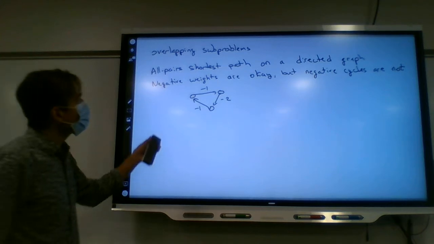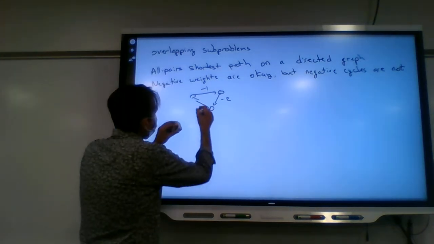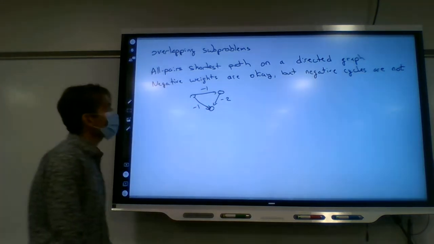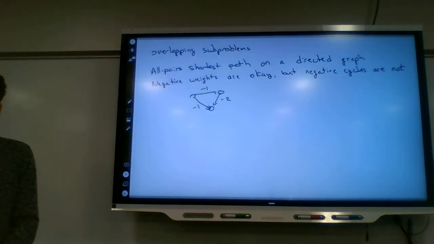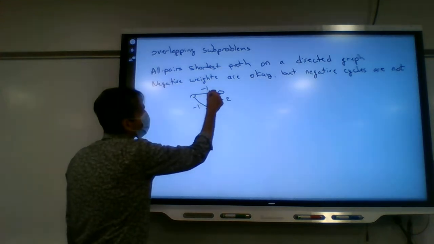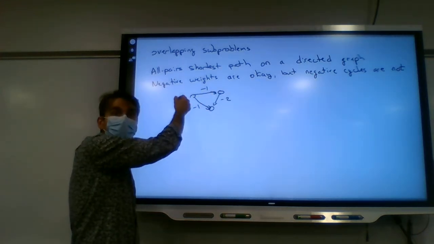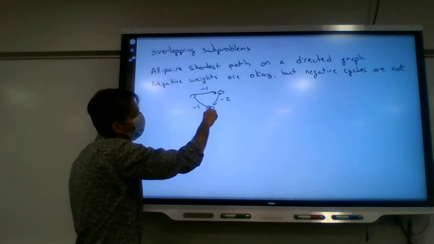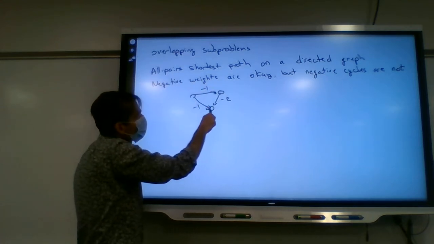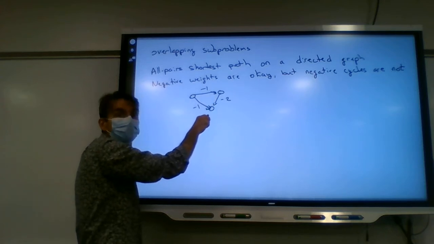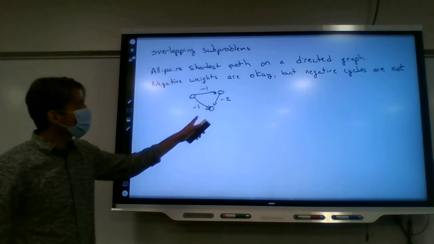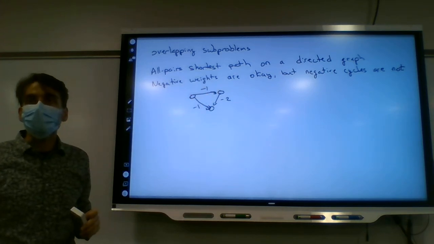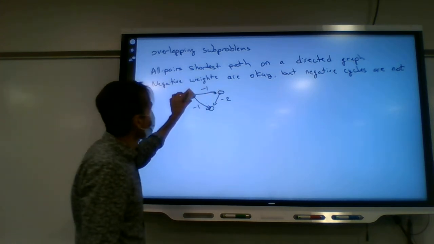But negative weights, a single negative edge, you can have something like that, and that's okay, because that's not a negative cycle. There's a cycle if you ignore the direction, but with the direction, once you get here, that's it. Or once you get here from there, that's it. So this is not a problem if we have direction. If we didn't have direction, that would be a problem.